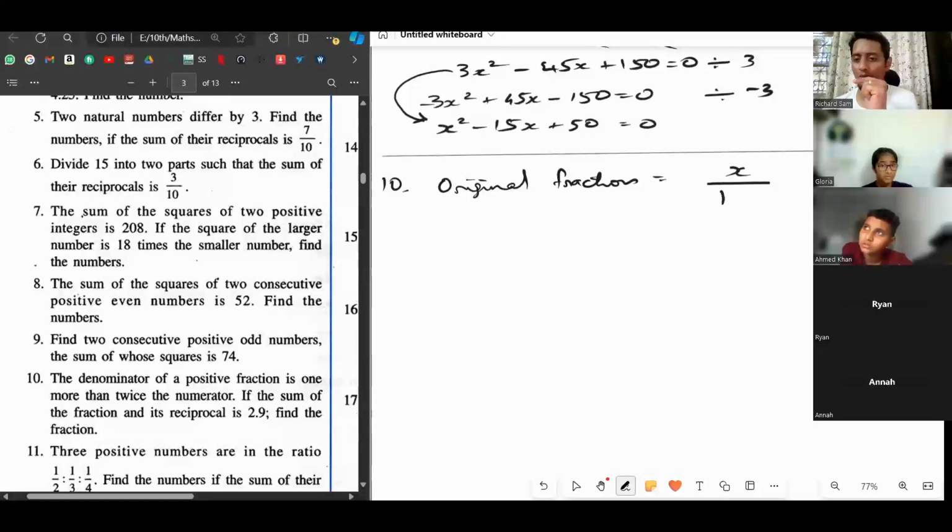So either you write 1 plus 2x, or you can write 2x plus 1. This is how you're supposed to write. When they say 1 more, you add the 1 later on. Twice the numerator, 2x. Is that clear? And so this is your original fraction.